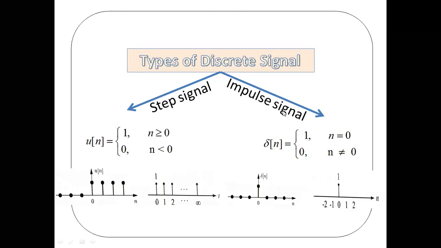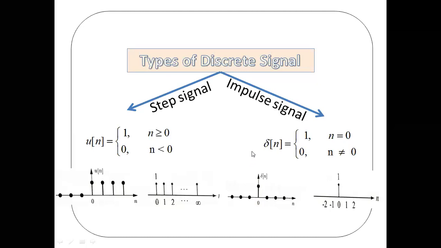And for the impulse function, the representation is delta[n], which is equal to 1 for n equals 0 and 0 elsewhere. It is represented by this sketch of the function: we have a 1 at n equals 0 and 0 elsewhere.